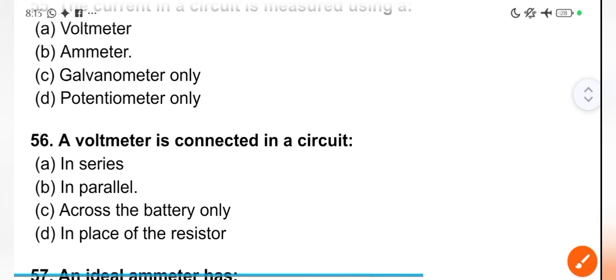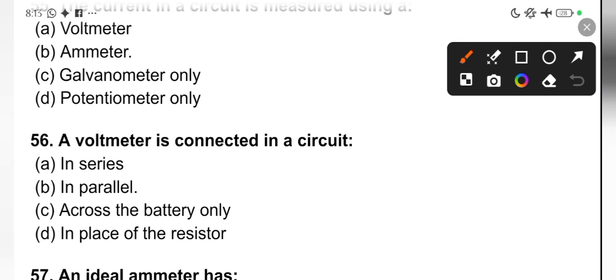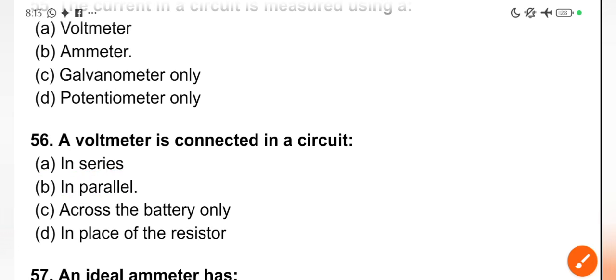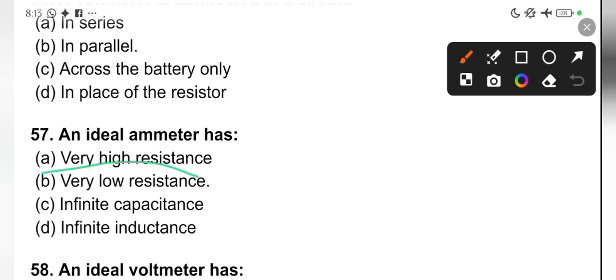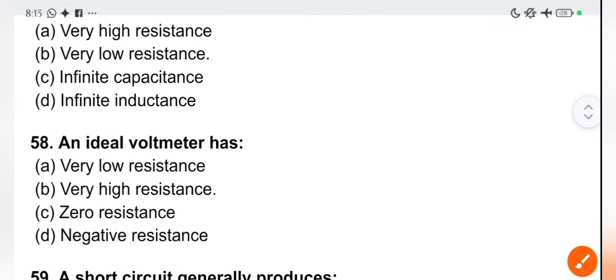Alright, a voltmeter is connected in a circuit in parallel. That's when you use a voltmeter, parallel, to measure what? Potential difference, right? Potential difference, to measure volts. Alright, 57. An ideal ammeter has a very low resistance, while an ideal voltmeter has a very high resistance.